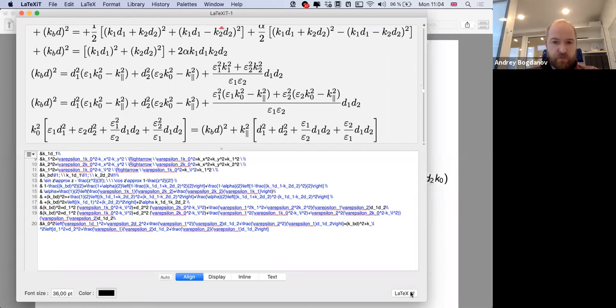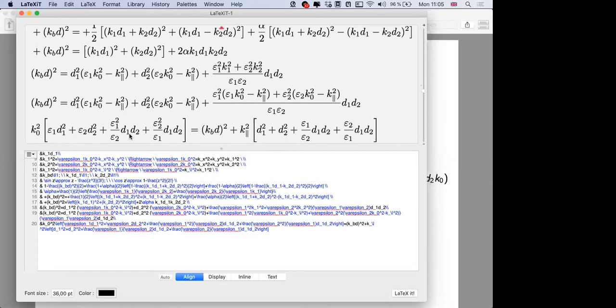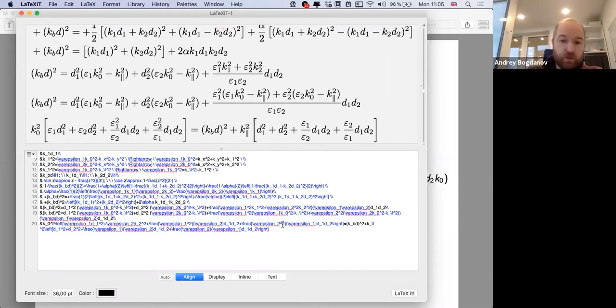Let me do this. Let's have a look at the first bracket here. The first bracket, this one. And let me try to combine first term and third term. The first term and third term, they have common factor, yeah? Epsilon 1, d1. Do you agree? Yes. Okay, let's do this.